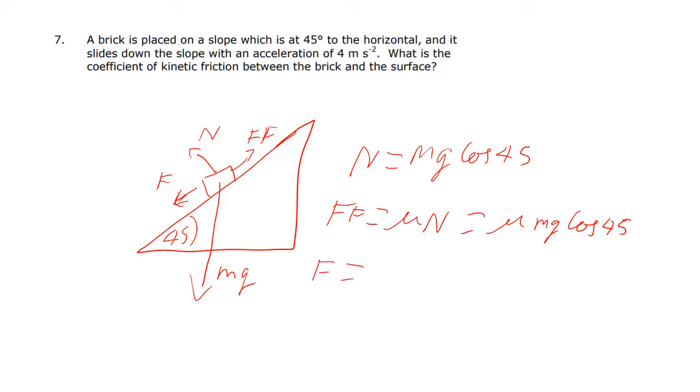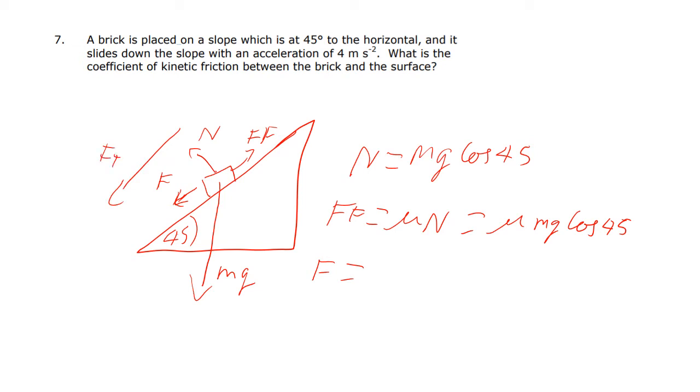But our force going downwards is going to be equal to, well, normally it would be equal to mg sine 45, but for our total force, let's draw another force going downwards, and we'll call it Ft.